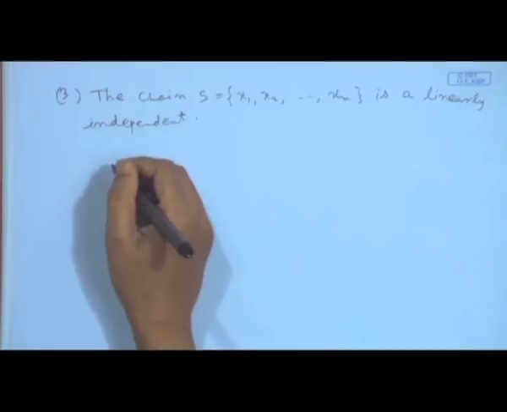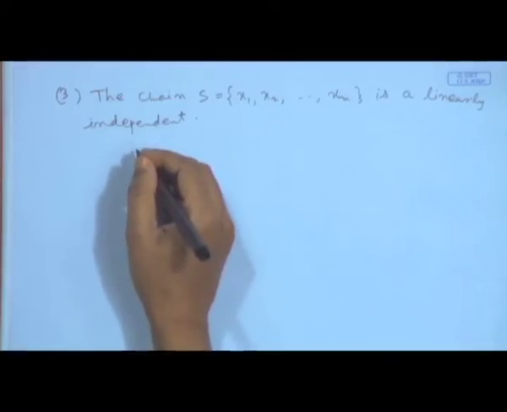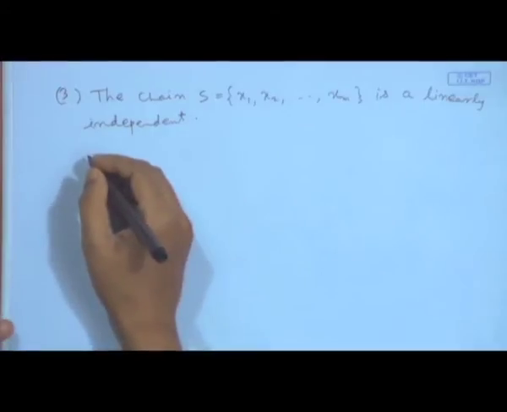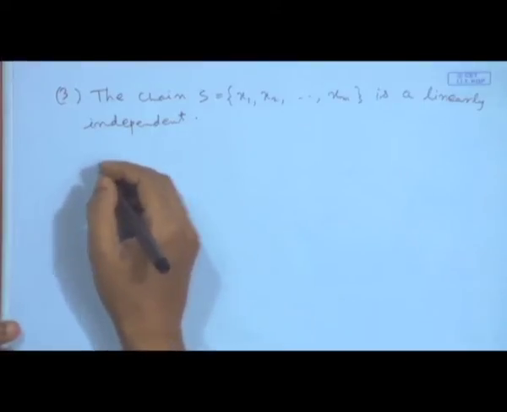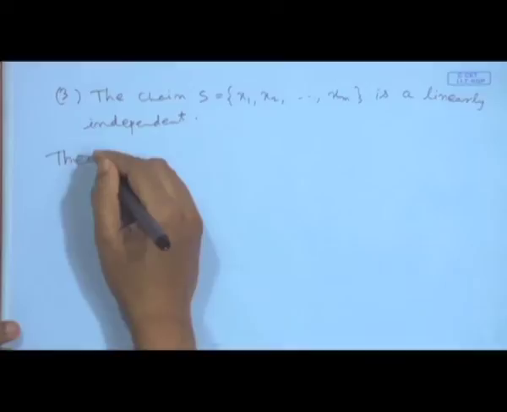Then next we shall see, using these generalized eigenvectors, how to get a basis for a matrix A, that is called a canonical basis for a matrix.